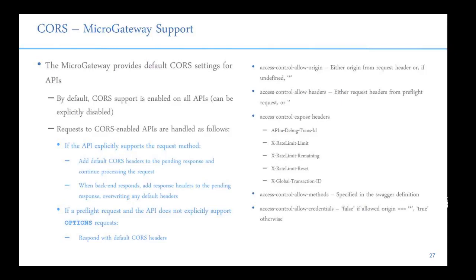And then finally, the allow credentials. Basically, if the allowed origin from the first header is the wildcard, then we don't allow credentials on that. But if it specifies a specific origin, then we do allow credentials.